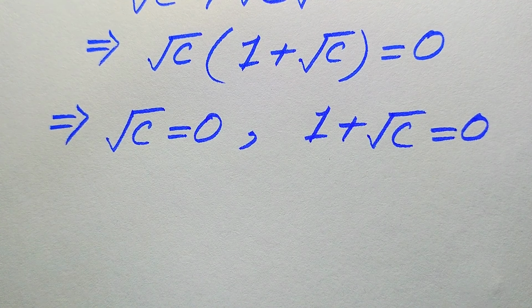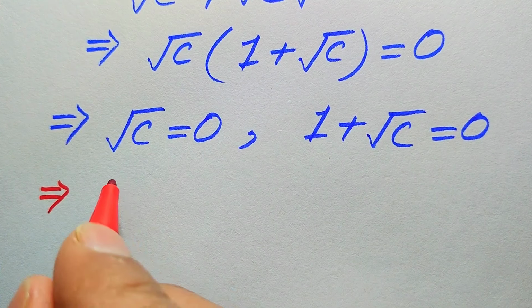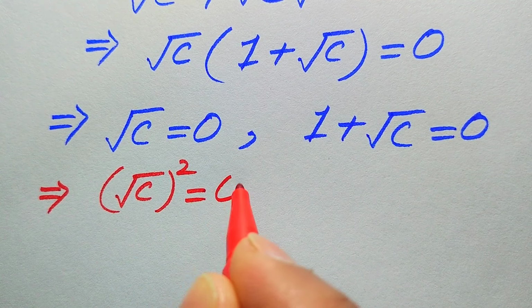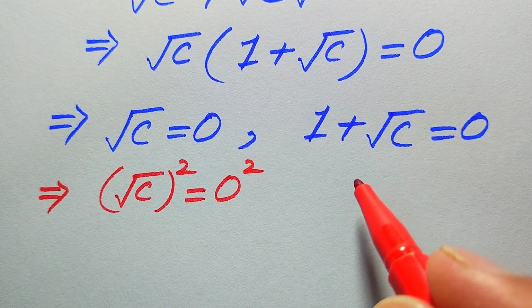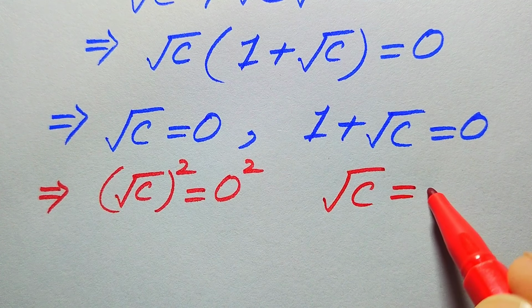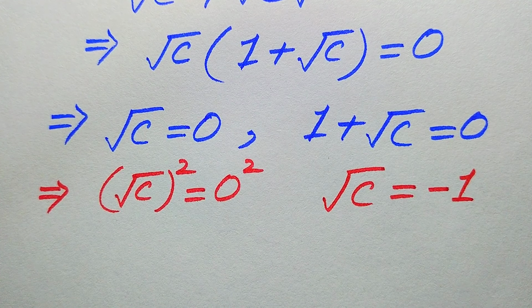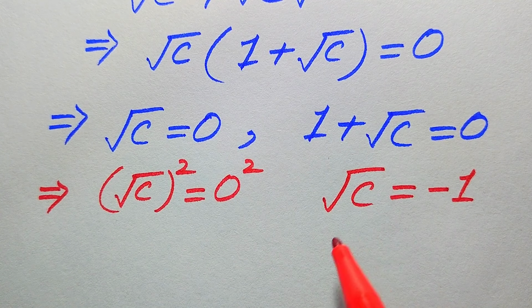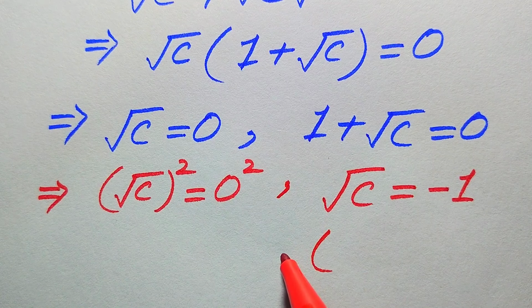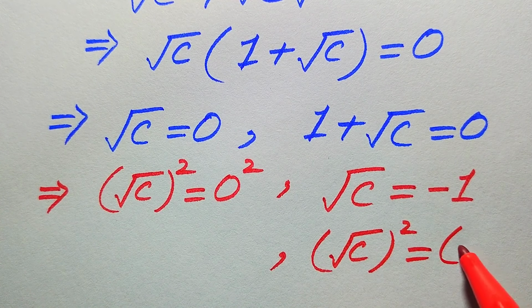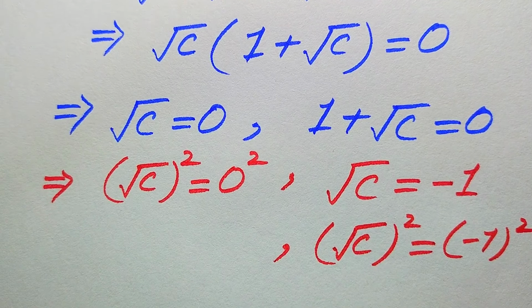For the values of c, we need to take squaring on both of the sides. So when we apply squaring, it will be written as square root of c whole square equals 0 square. And here we move plus 1 to the right hand side, and it becomes square root of c is equal to minus 1. Again for the values of c, we need to square in this case also, so it will be written as square root of c whole square equals minus 1 whole square.